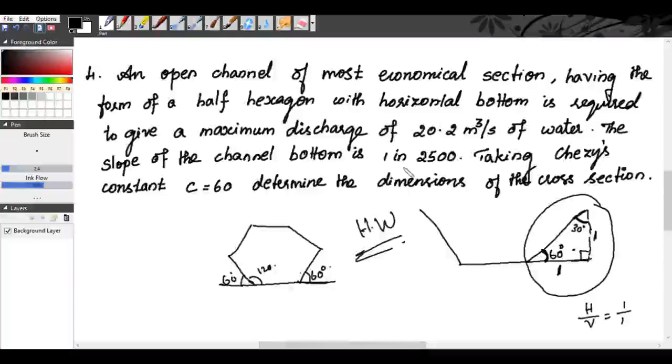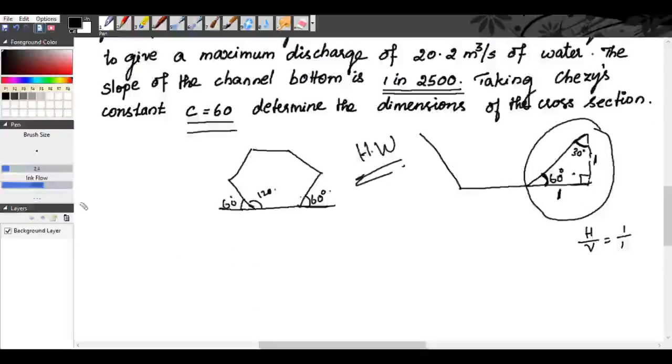The channel bed slope is given as 1 in 2500. Chezy's constant is given as 60. So you can continue. I will give you the answer. The answers are D is equal to 2.852 meter and B is equal to 3.293 meter.